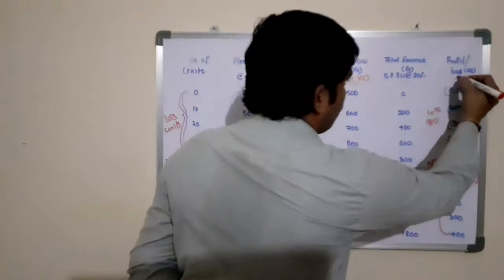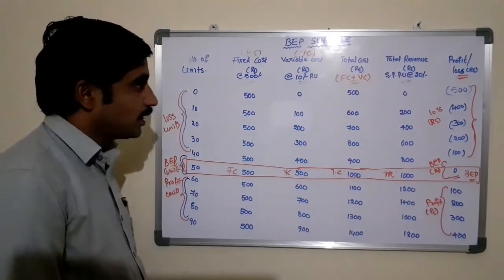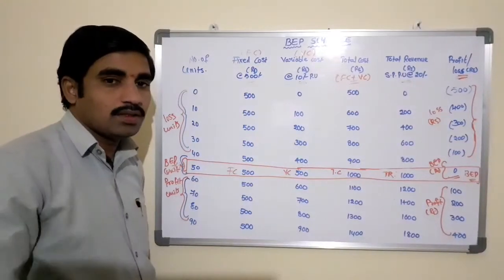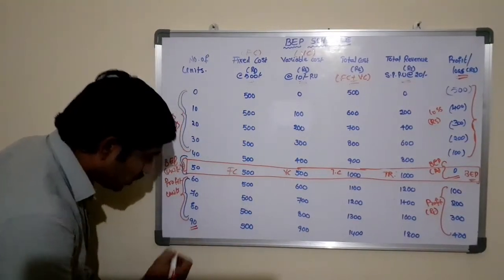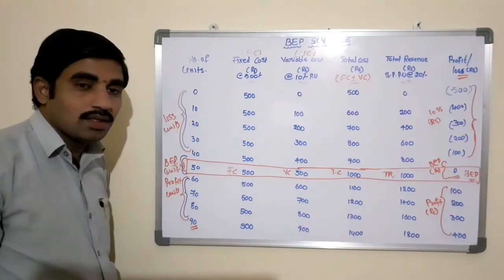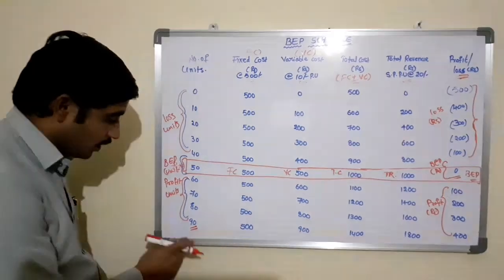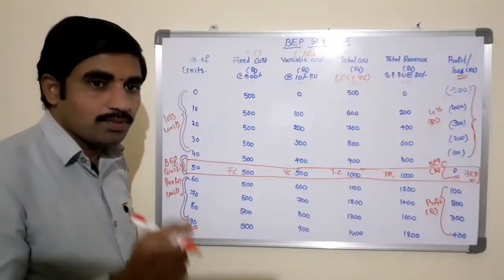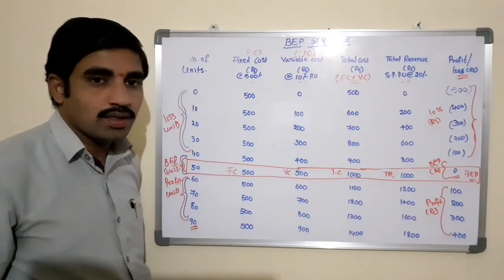One more important assumption of break-even analysis is that whatever number of units we are producing in the business must be sold in the market. Remember, whatever the production in the business, all the products must be sold in the market.